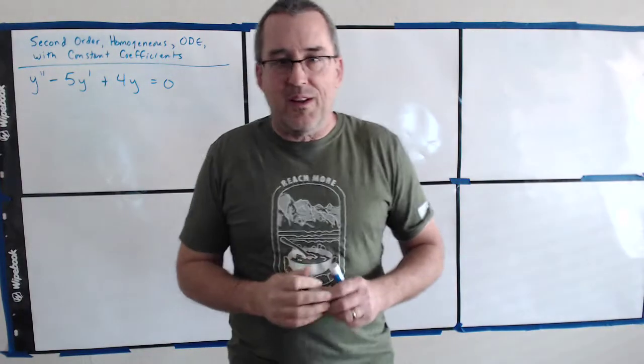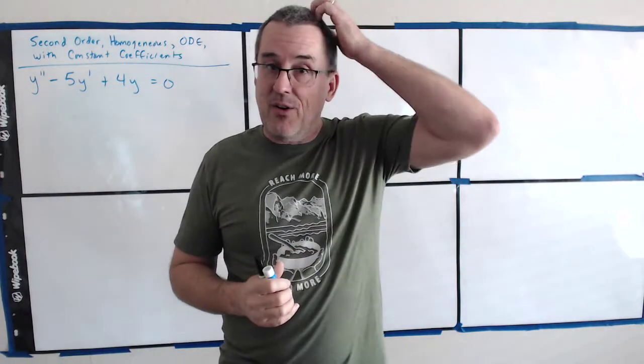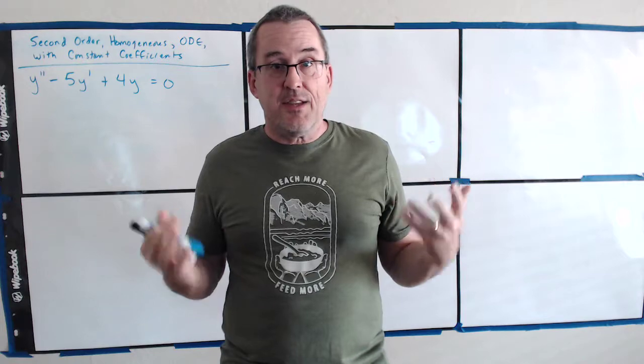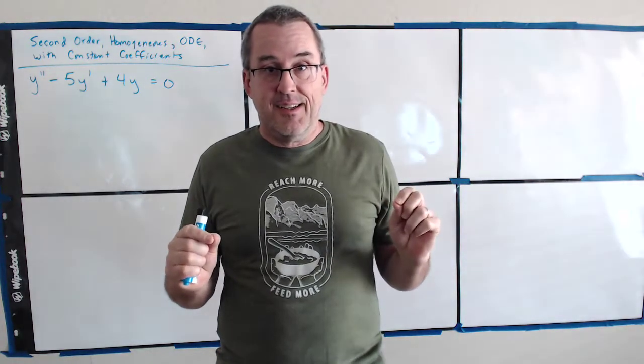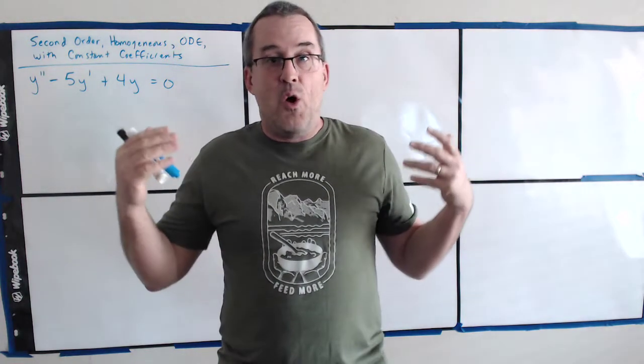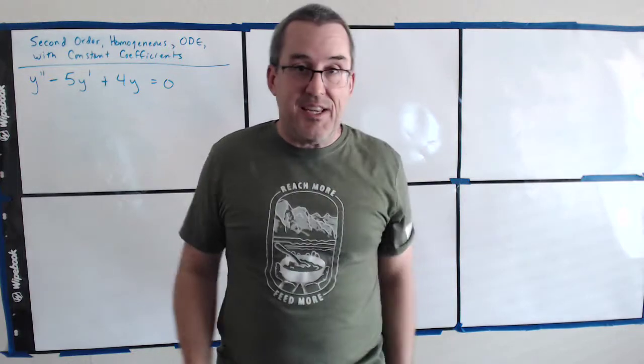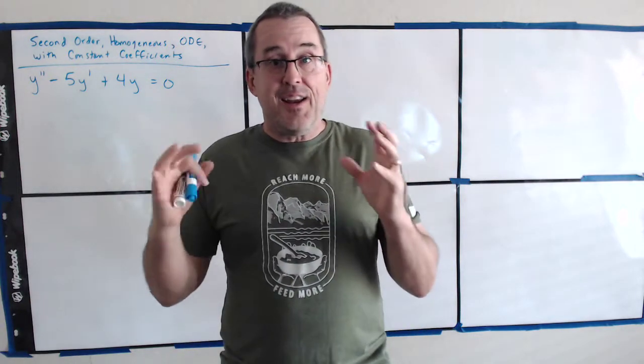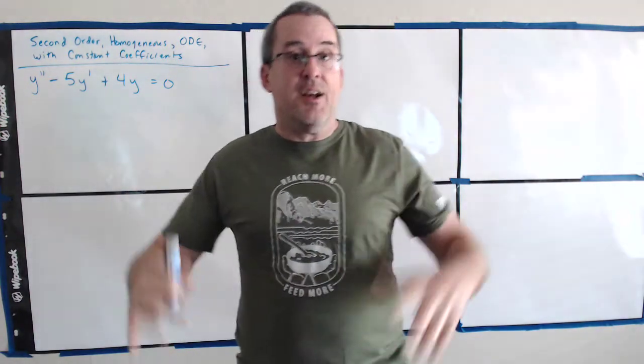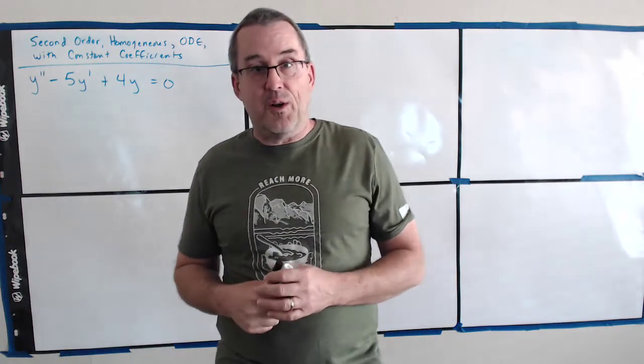What has been the goal of differential equations from the get-go? The goal has been to find the function, say f of x or y of t or p of t or whatever it was, find the function such that the rate of change was what it was.